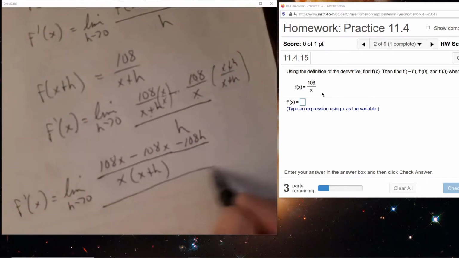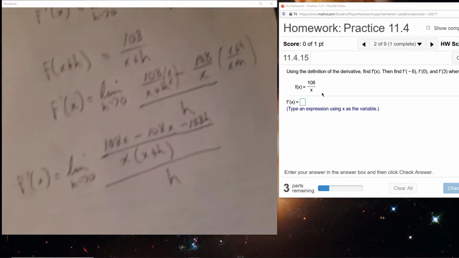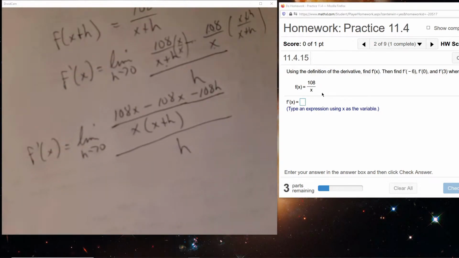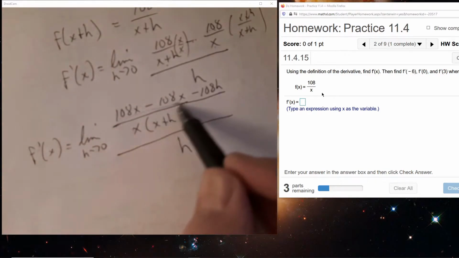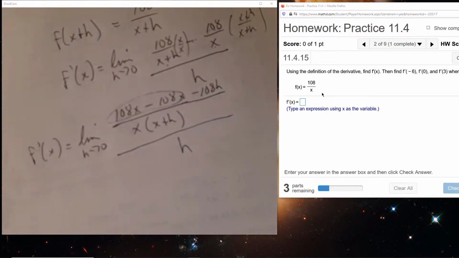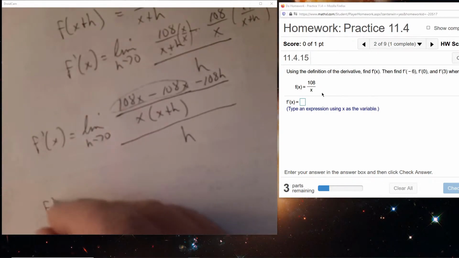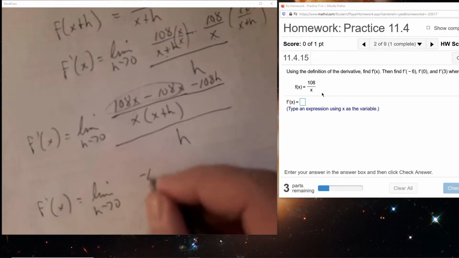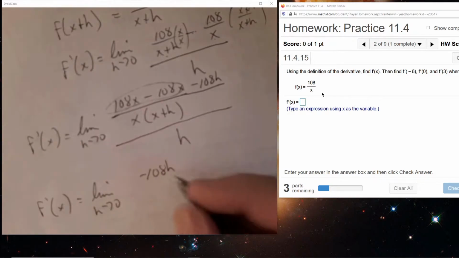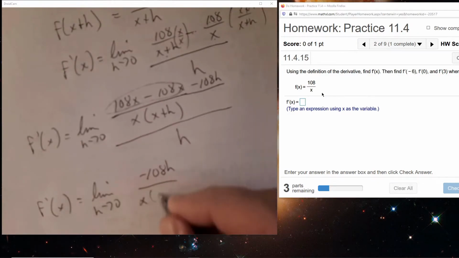And this is all over h. So if you notice in the numerator then, this subtracts out. And so we're left with minus 108h over x plus h.